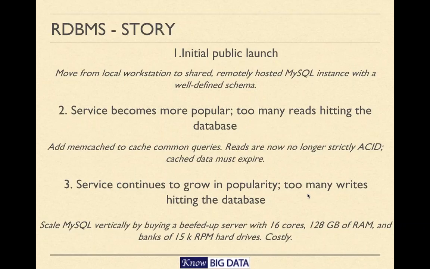Now, this solution is costly, but that's okay because our product is getting popular. That means money is not an issue for us. Now, as the service grows in popularity, we just bought this hardware. Theoretically, this would be the end of the problem. We'd no longer be facing any of these problems.